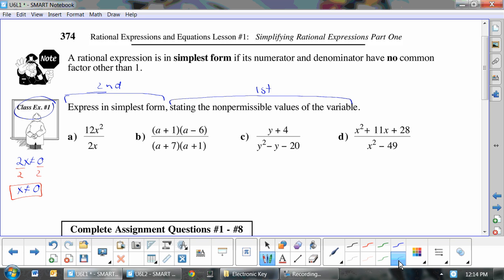And then to express in simplest form, we just go, okay, is there a GCF? Sam, is there a GCF in this one? Okay, so we can see that our GCF is, can someone put up their hand and let me know? Yeah, Lucas? 2x, you got it.